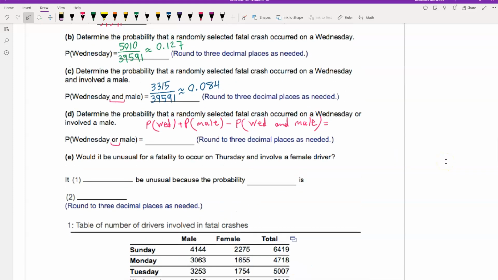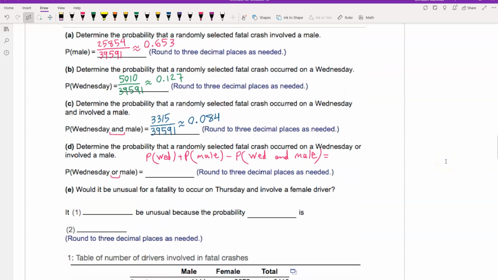We have the answers for these from parts A, B, and C. So using these three, I can find the answer for part D. So probability of Wednesday is part B. We can use these decimals, but it's better to use fractions because it's asking to round to 3 decimal places.